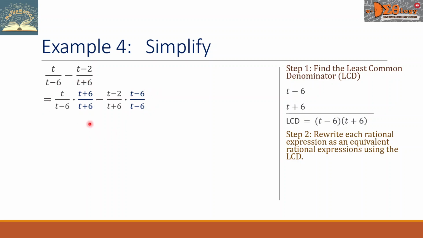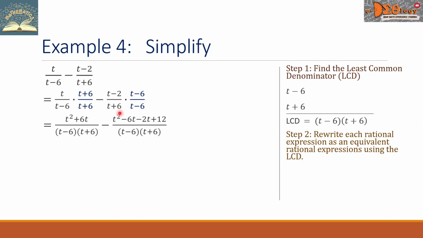Now we have two big groups. We will now multiply the fractions respectively. In the first group, this t multiplied by t plus 6, and we have t squared plus 6t. All over, we combine the two denominators and we have the LCD here. Then minus this t minus 2 times t minus 6.